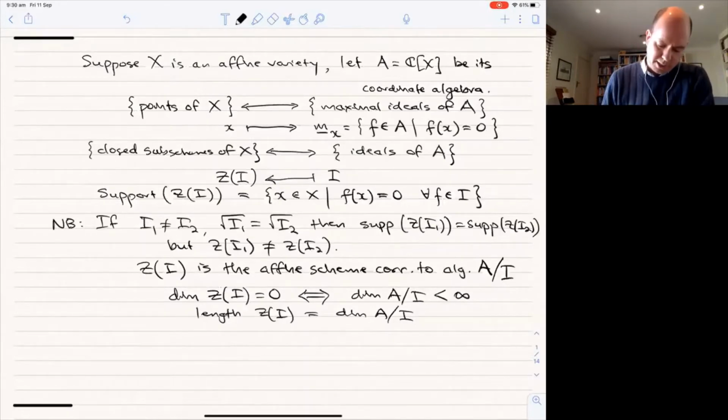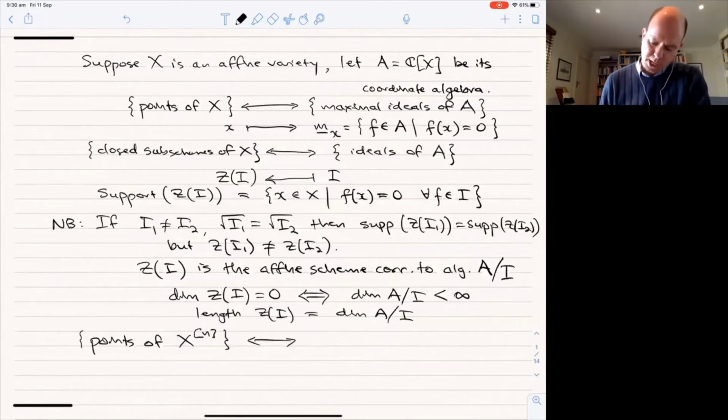And what you get is that the set of points of the Hilbert scheme, X^[n], just corresponds in bijection to the set of ideals of the coordinate algebra which have codimension n.